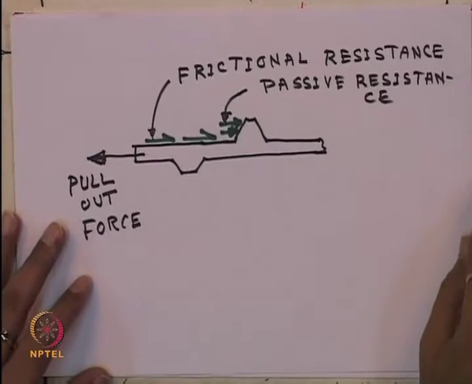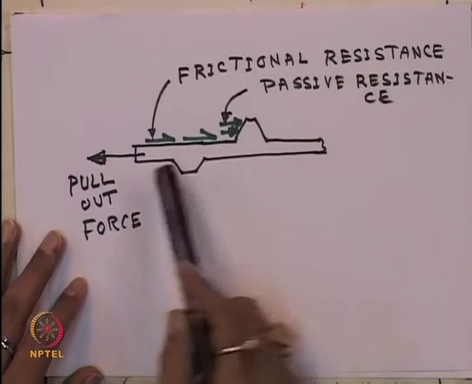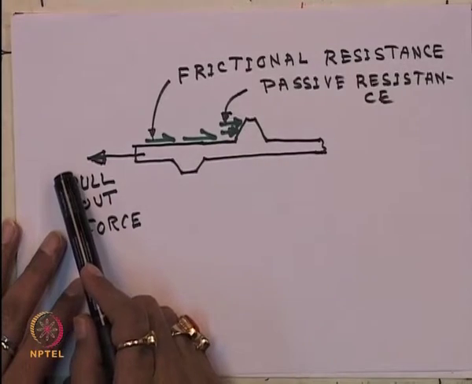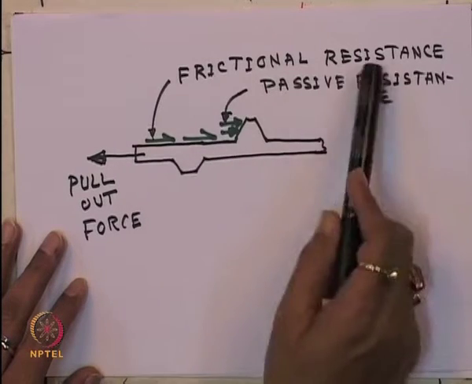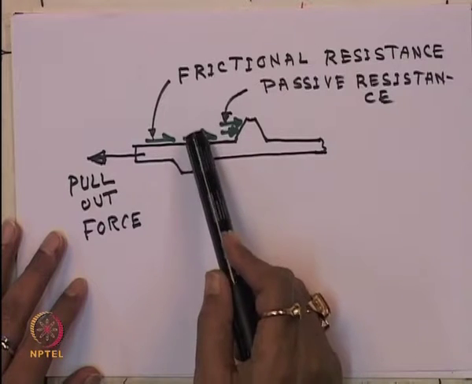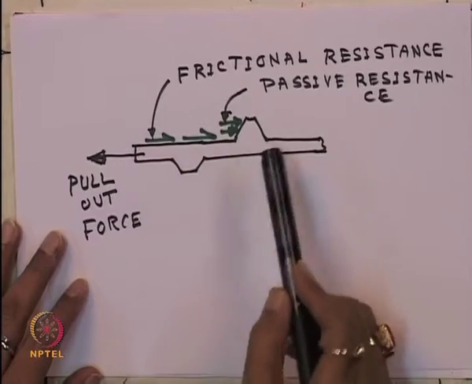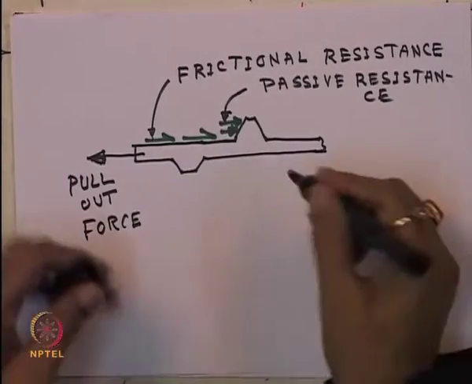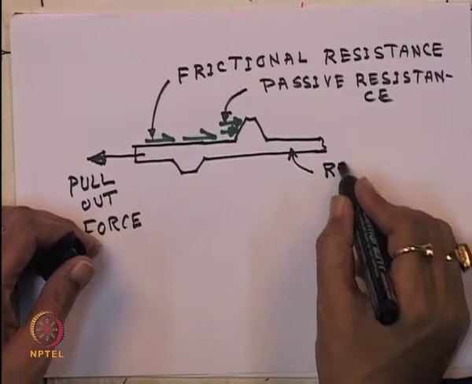So you can see in case of the geogrid, when you pull it out due to some applied load, there will be the frictional resistance developed between soil and this reinforcement material. This is the reinforcing material, basically the reinforcement material, it may be geogrid.